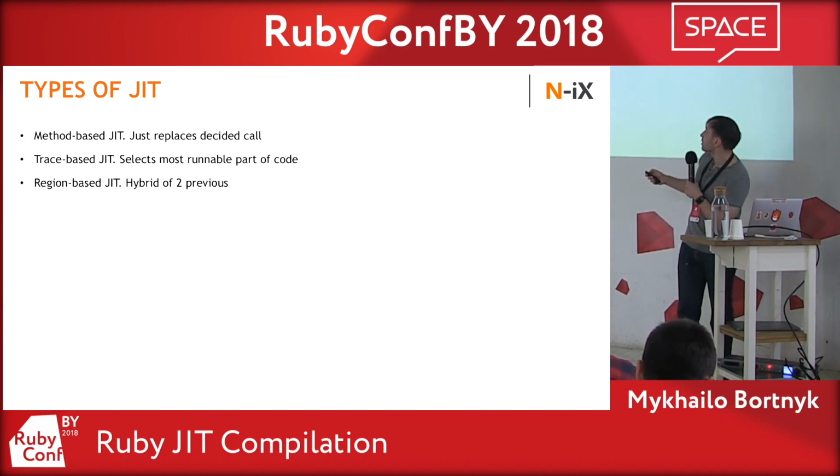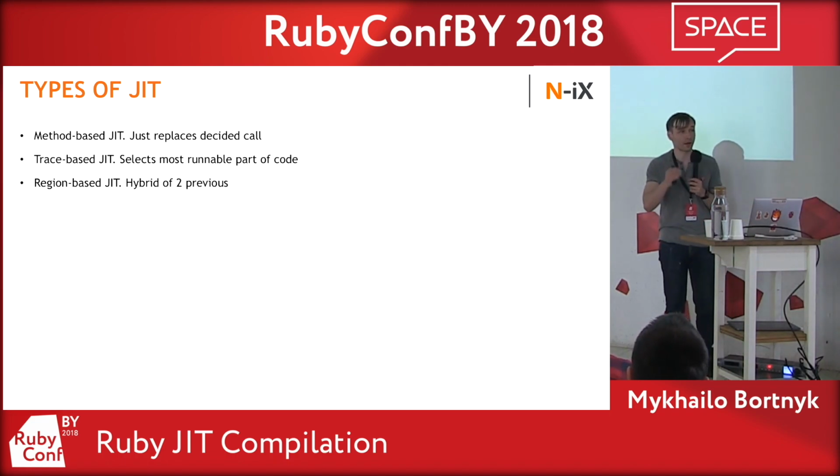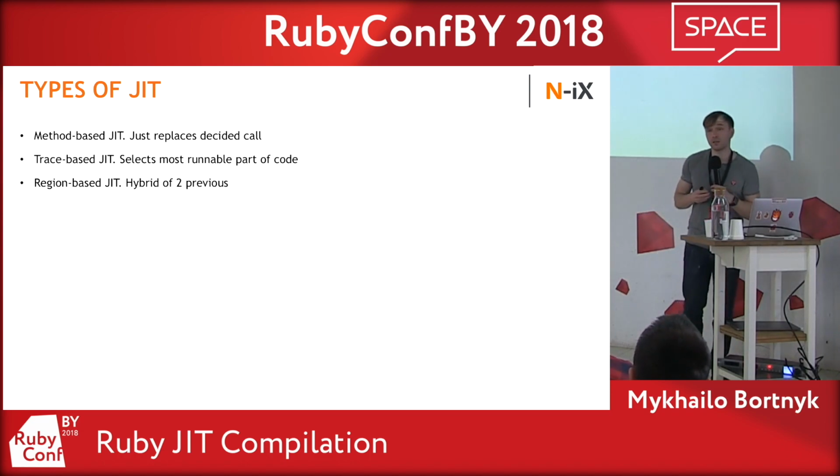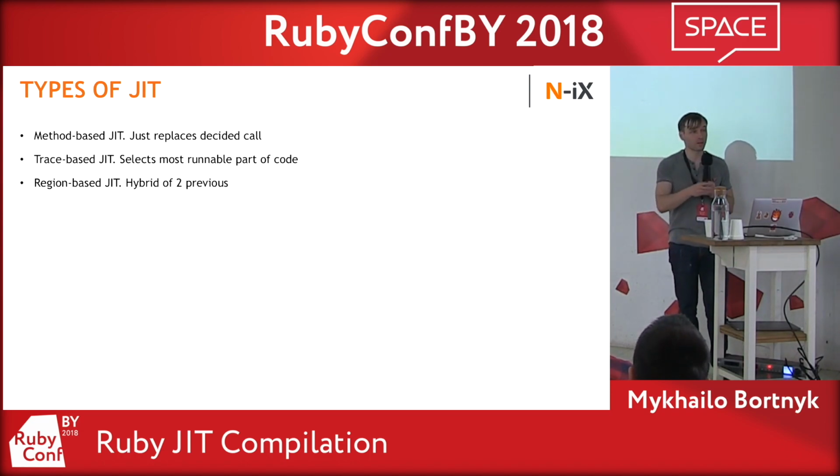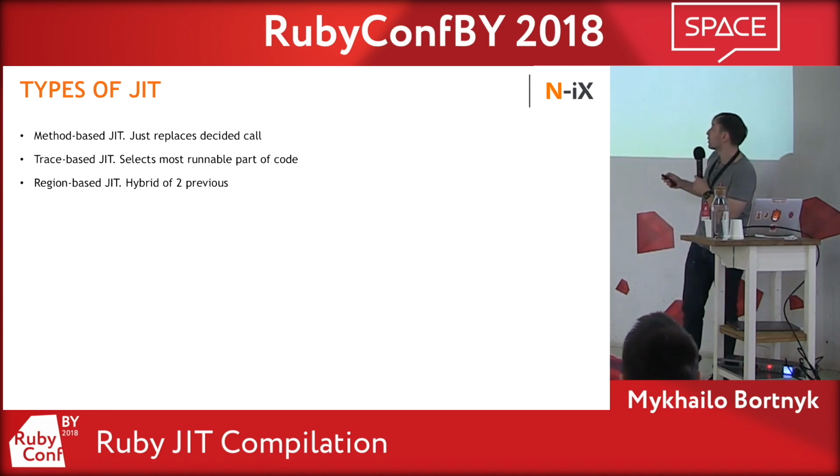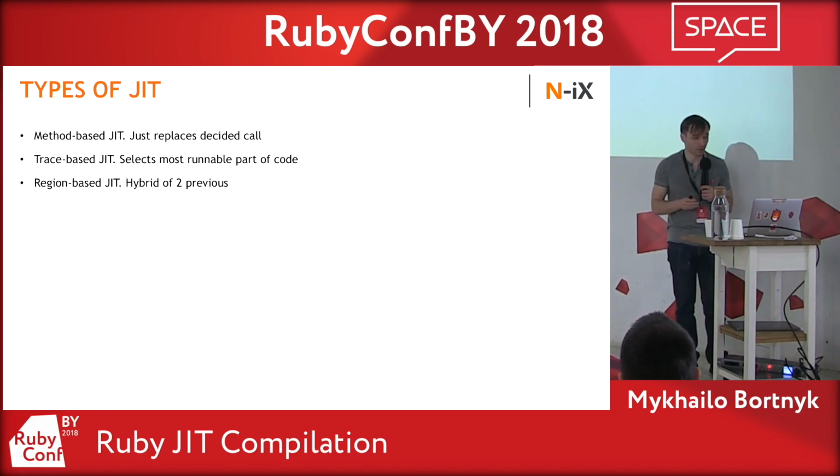The second type is trace-based JIT. It traces the execution path of a method and turns into machine code the most commonly executed piece. And region-based JIT is a hybrid of the two previous, and actually it's a very rarely used JIT method.